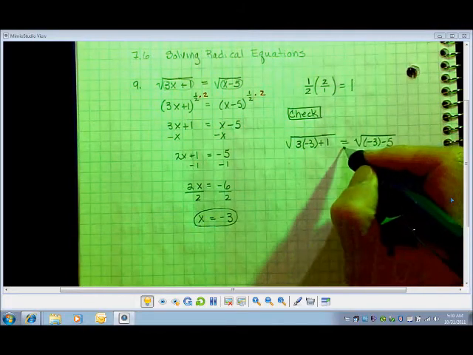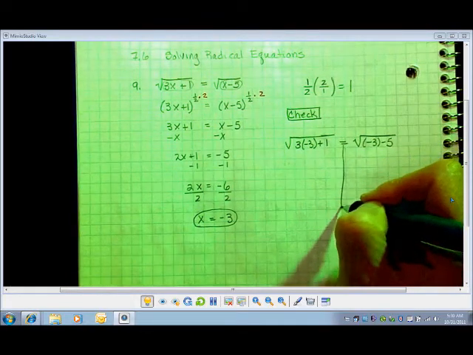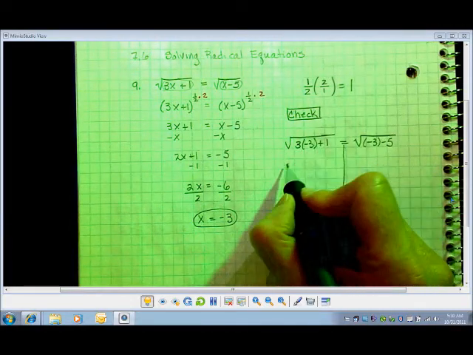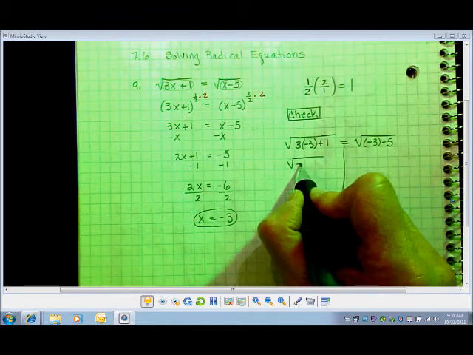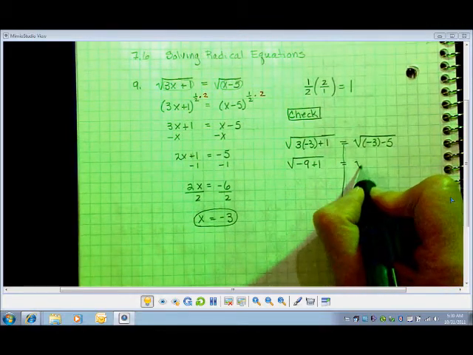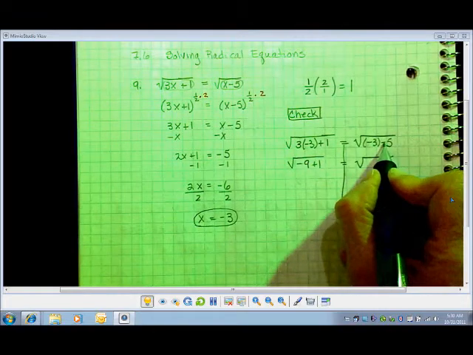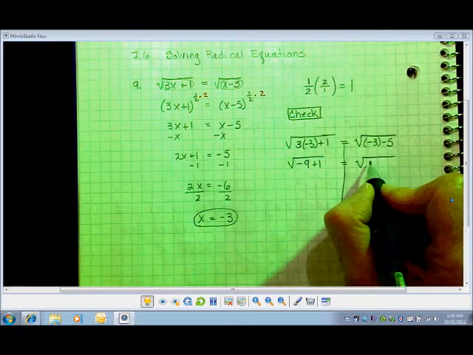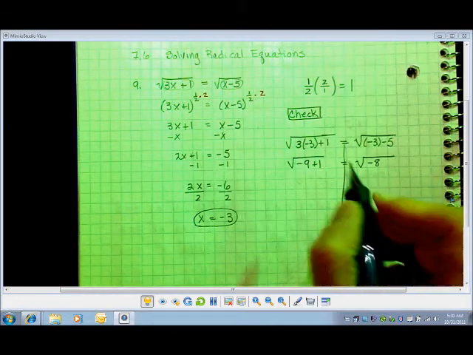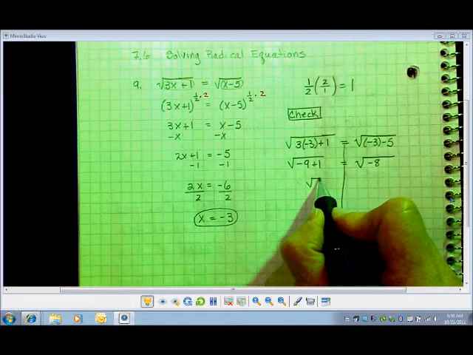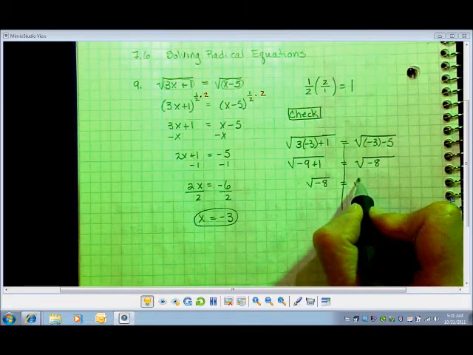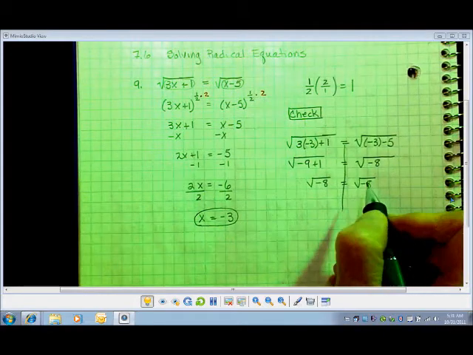Remember, when I check, I cannot cross that equal sign. So 3 times negative 3 is negative 9. Negative 3 and negative 5 gives me negative 8. So this gives me the square root of negative 8 equals the square root of negative 8.